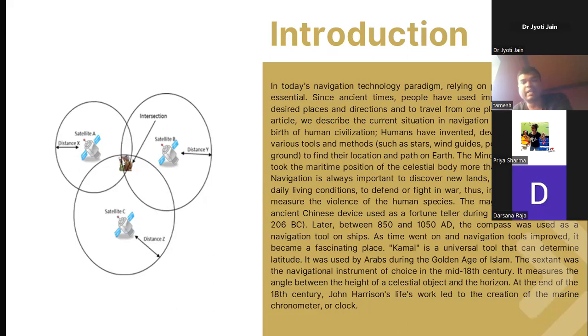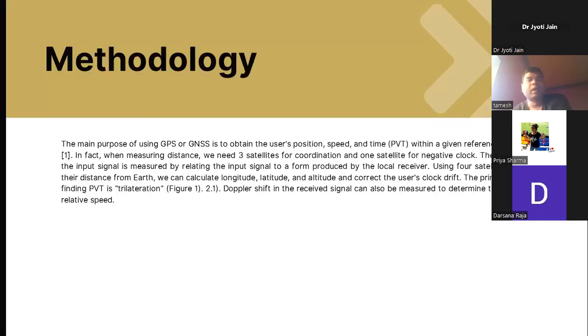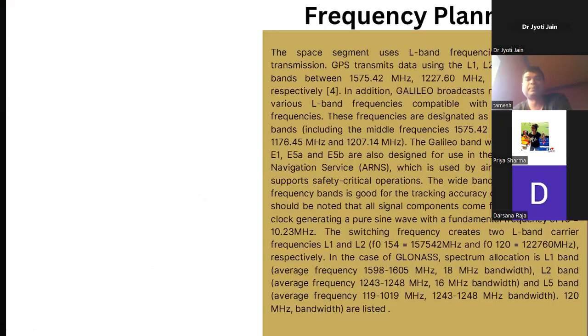By this clock and the sending of messages, the trilateration of three satellites gives longitude, latitude, altitude, and a fourth satellite is used for the time to get a navigation system. So what we get is position, velocity, and time.